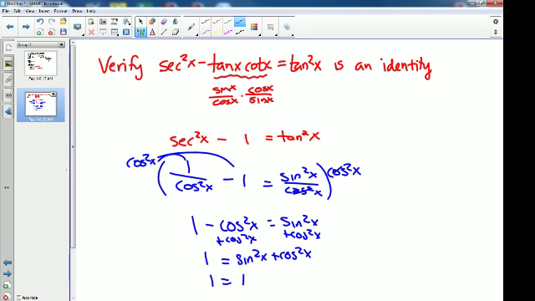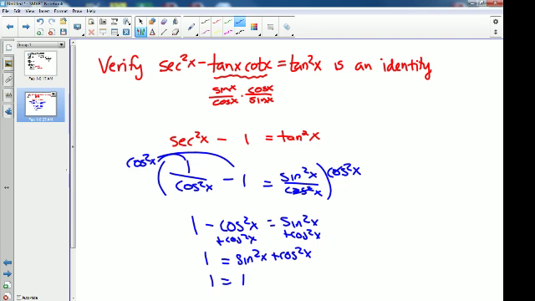It's the long way around. Why is it 1 minus cosine squared? If you multiply both sides by cosine squared, you get cosine over cosine, which is 1, minus cosine squared. Oh, you distributed. Here, yes.